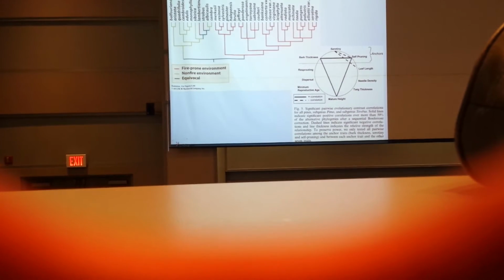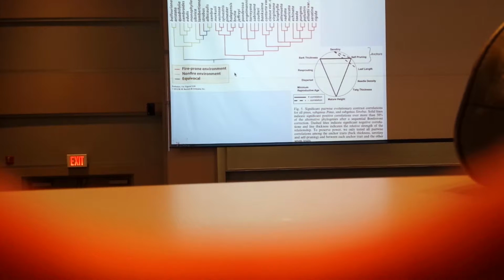And we can look at that by looking at a phylogeny, by asking whether these different species that are clades within a phylogenetic tree, not a pine tree, live in fire-prone environments or not, right?